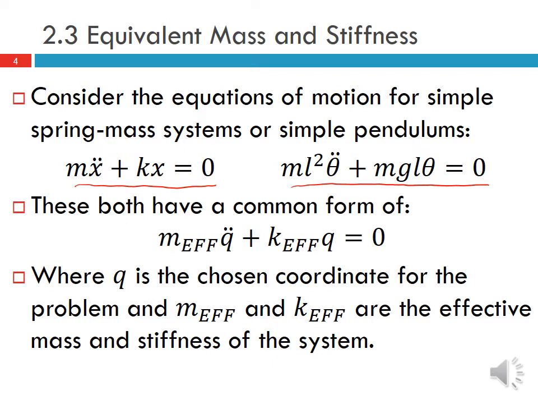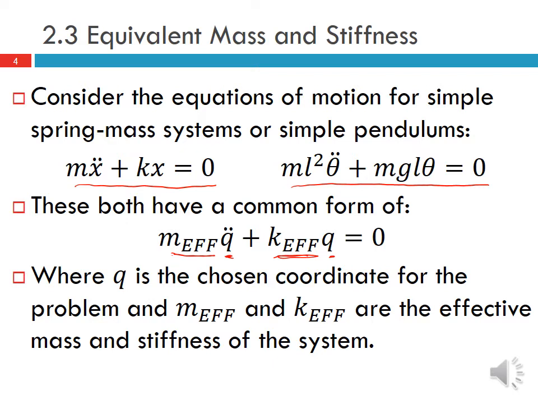Now, both of these systems have a common form: some mass element multiplied by the coordinate double dot, so the acceleration, plus some stiffness element multiplied by the coordinate, or the deflection, is equal to 0. So q is the chosen coordinate for the problem, which can be any coordinate.